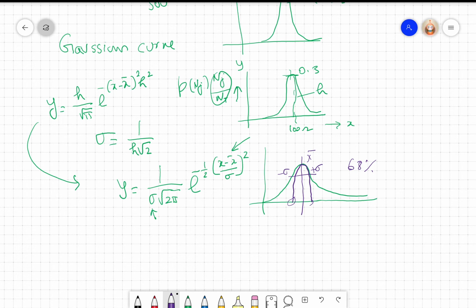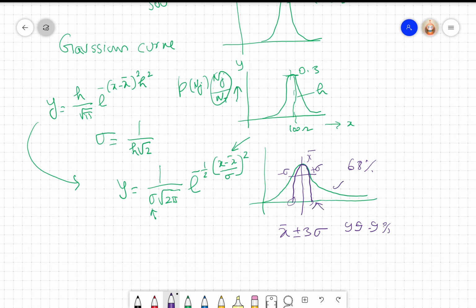If I take x bar plus or minus 3 sigma, 99.9% of the readings will be within that curve. Only small values go out. So it's still okay to use this curve rather than exactly using the original curve.